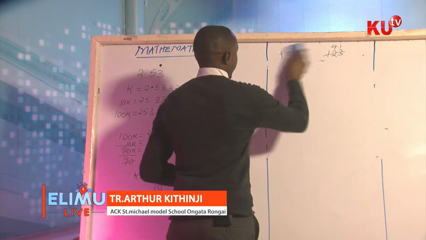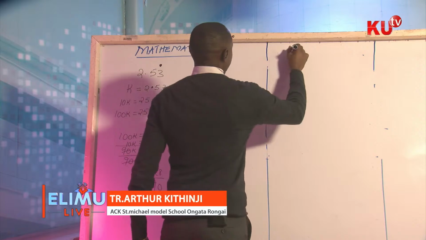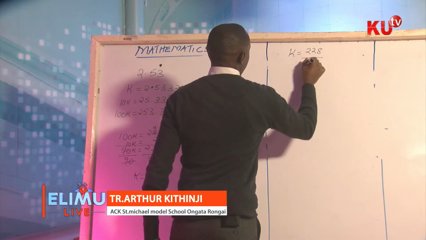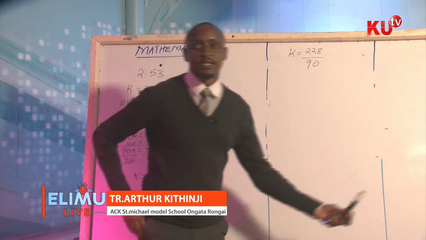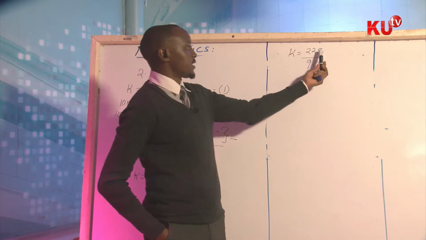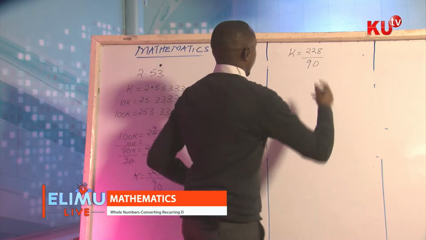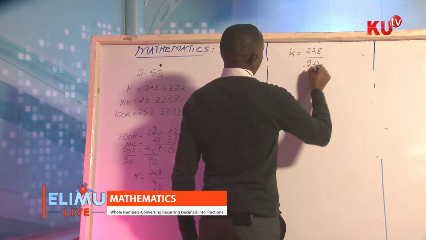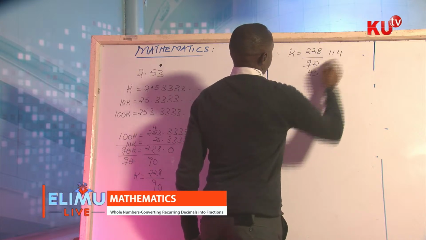If you look keenly, you'll see that 228 and 90 are both divisible by 2 by checking the divisibility test of 2. The last digit is either 0 or an even number, which means 8 is even and 0 is here. So divide this by 2, you get 45. Divide this by 2, you get 114.